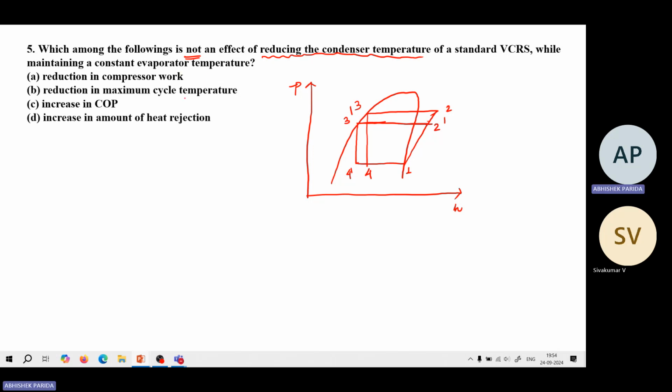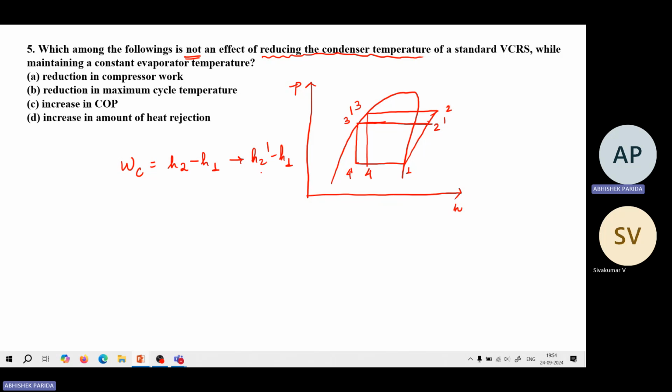First of all, option 1 is reduction in the compressor work. Is there a reduction in the compressor work? Yes, sir. H2 minus H1 is higher than H2 dash minus H1 dash. Earlier it was H2 minus H1. Now it is H2 dash minus H1 dash.